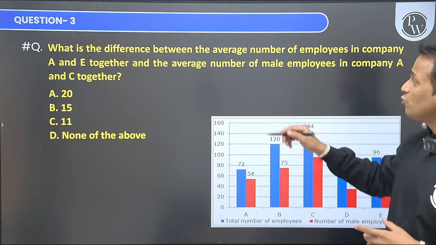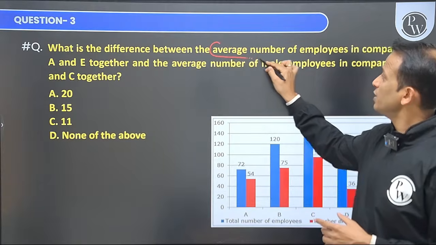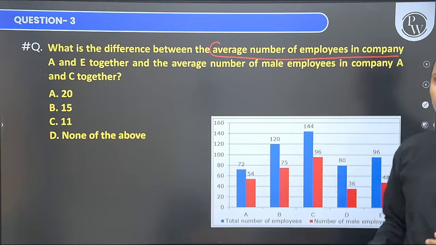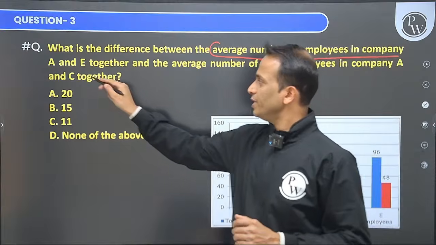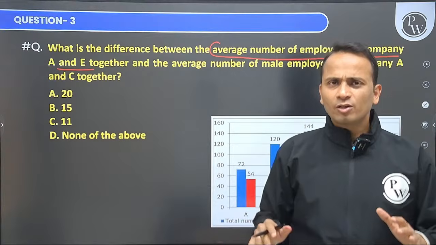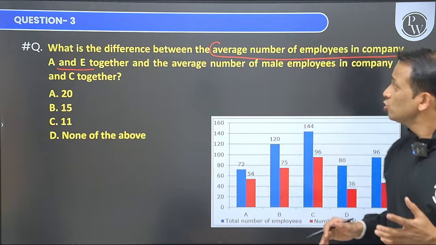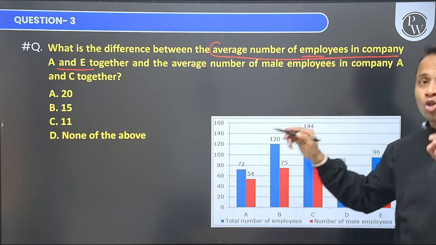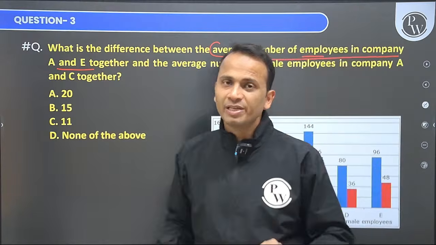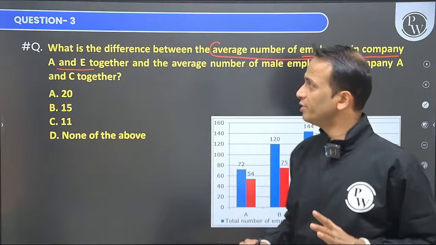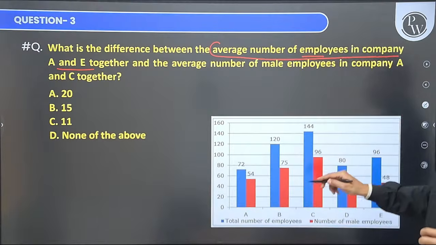So we'll have to find out the difference between, first of all, the average number of employees in company A and E together. Now, how do we calculate average? Average is sum divided by the number of terms. So number of employees, it's not male employees, it's not female employees, it's the total number of employees. So which companies?